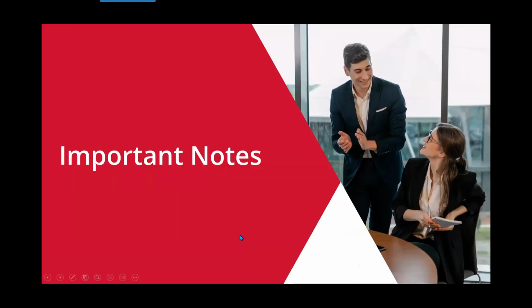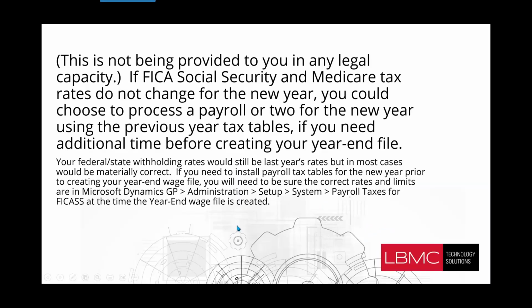So now we're going to get down to some important notes about payroll close. I'm not giving this stuff with any legal capacity. I'm just trying to give you the information, give you the data that's out there, and give you information about how to make sure your system is correct so it calculates correctly. So the FICA Social Security and Medicare tax rates do not change for the new year, which is not happening this year.